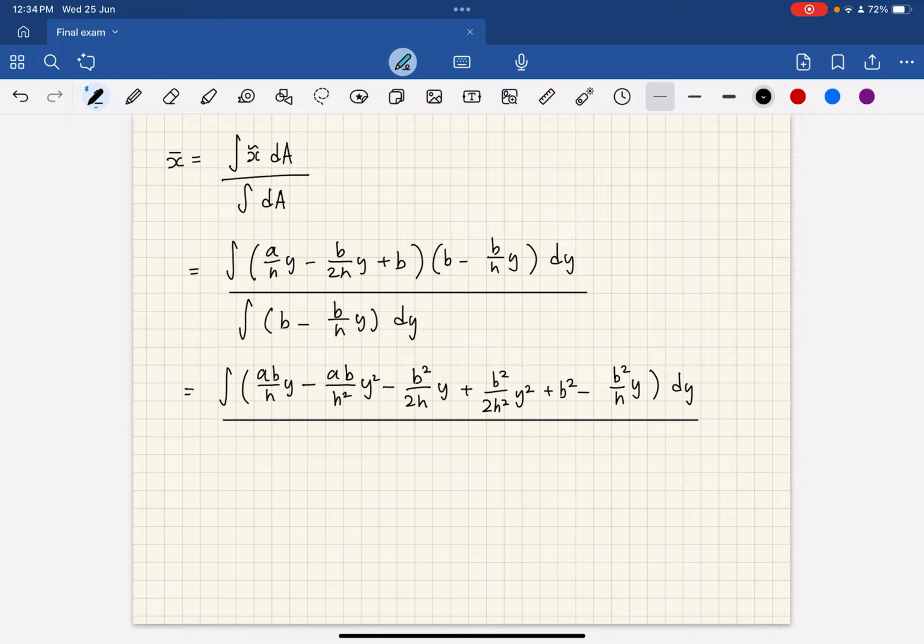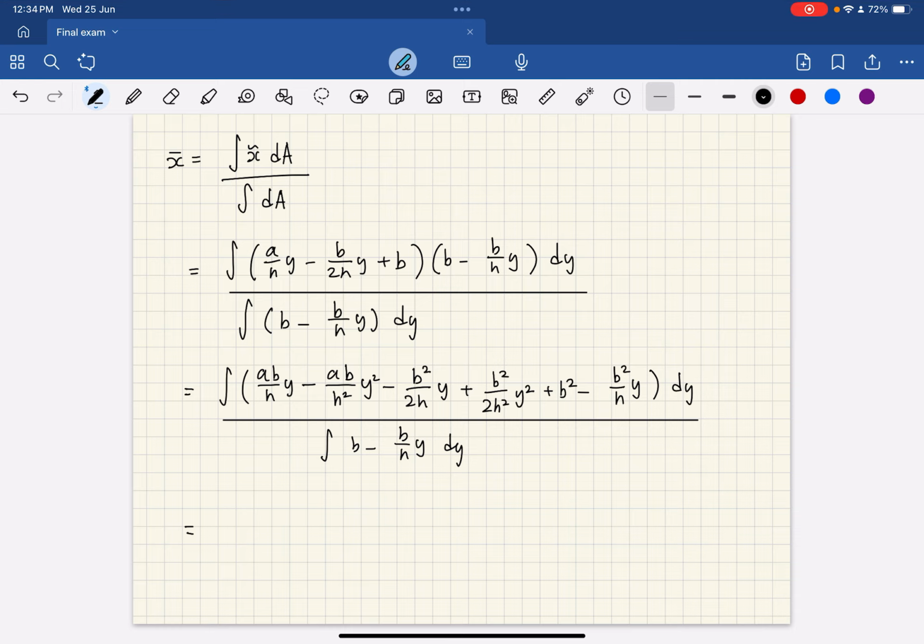Okay, and we have just this simple integral here, b over h y with respect to dy. Okay, so let's see which are some common terms that we can get rid of. Actually, let's just double check first that we got everything correct.